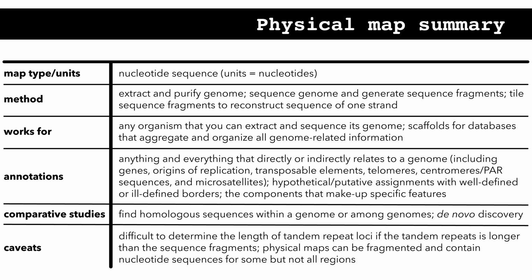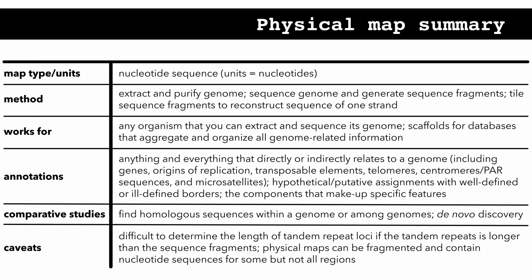We can annotate loci as genes, origins of replication, transposable elements, and tandem repeats, including telomeres, centromeres, PAR sequences, and microsatellites. These annotations will tell us, with single nucleotide resolution in some cases, exactly where these features occur within a genome, their frequency and distribution across a genome.